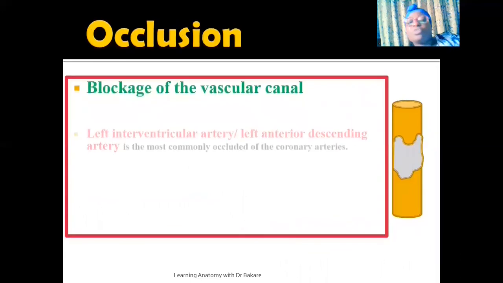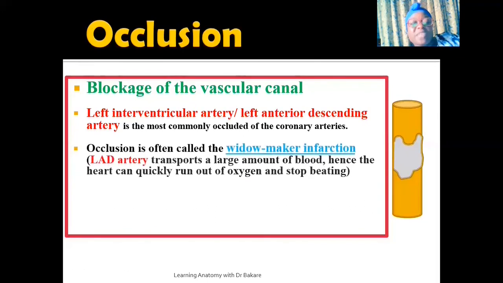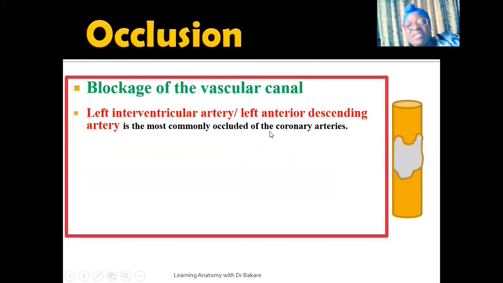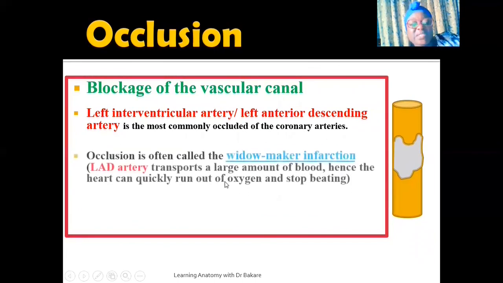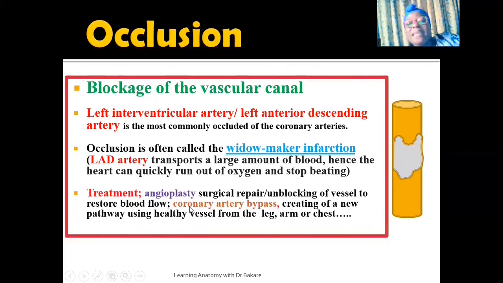Then occlusion. Occlusion is blockage of the vascular lumen or canal. If you look at this configuration here, the wall of the blood vessel is highlighted in yellow. So this is an occluded vessel, which is a blocked vessel. The left interventricular artery, which could also be referred to as the left anterior descending artery, is the most commonly occluded coronary vessel. It's referred to as widow maker's infarction. Treatment is angioplasty.